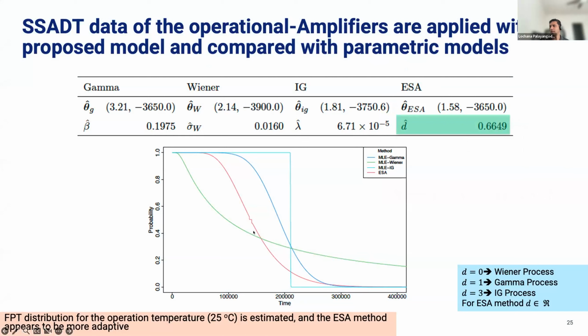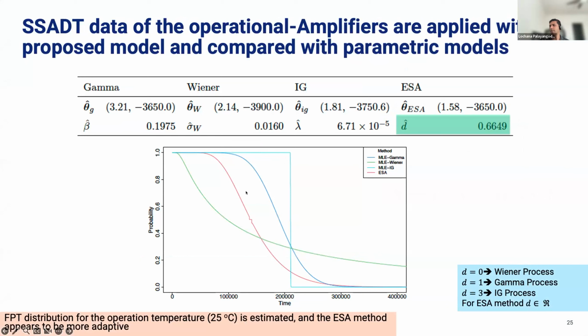If I explain this chart a little bit, the green color is with the normal assumption, the Wiener process. The blue one is with the gamma distribution. The red one is our proposed model. And the light blue one is the inverse Gaussian model.